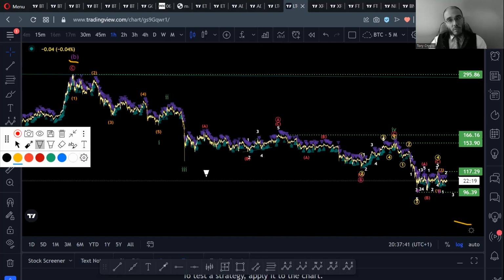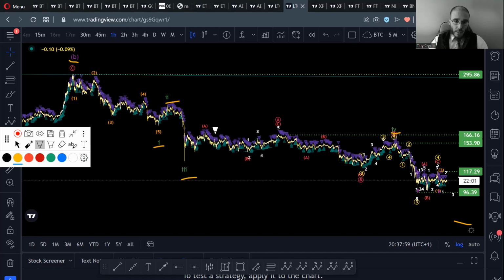Since it's a C wave, it's impulsive, so it must have 5 waves in it. And I've labeled this a wave 1. Here I've labeled it a wave 2, then a wave 3, a very extended flat for wave 4.